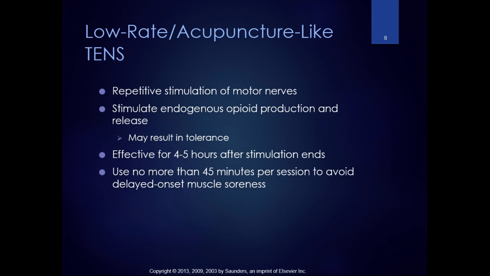And so it has that descending pain control. So it can be effective for 4 to 5 hours after the stimulation ends. Usually you don't do more than 45 minutes per session because you can start to get delayed onset muscle soreness from that tapping sensation, because we're repetitively doing a low-level stimulation of motor nerves.